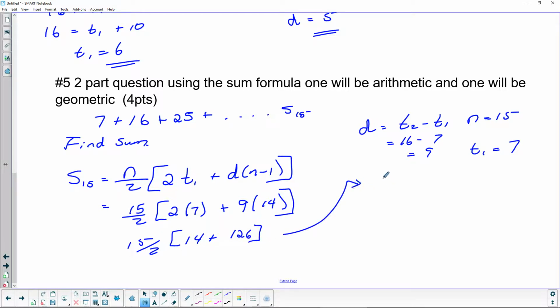Okay, so if we add that up, 15 over 2 times 140. So we take 2 divided into 140, so 70 times 15, 1,050.